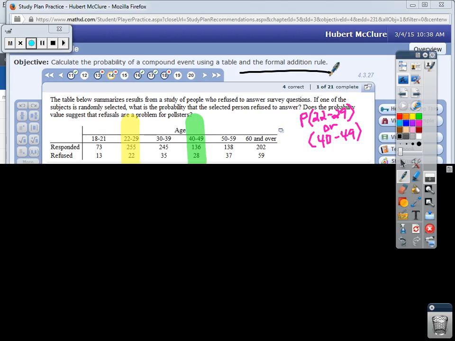Tell me when you get it all added up. How much? 1,243. And then 255 plus 22 is 277. Plus 150, 164. Y'all check my math. Is that 277 and 164?